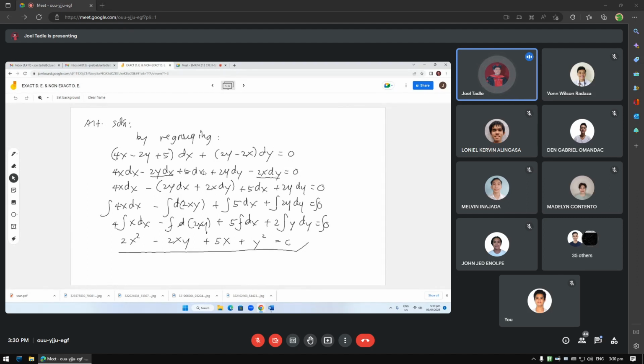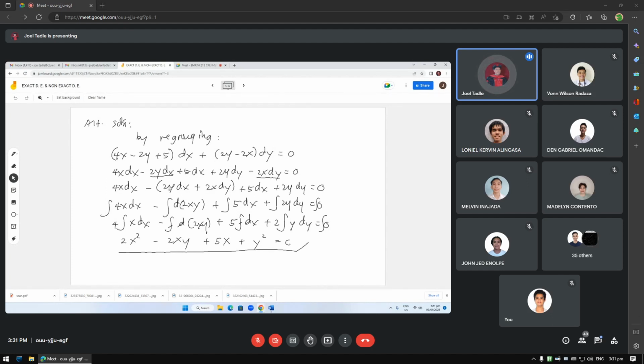Then the non-integrable terms we regroup. We factor out the negative sign, so it becomes negative times the quantity 2y dx plus 2x dy. Now, if we look closely at this expression 2y dx plus 2x dy, it is equal to the derivative of the product 2xy.